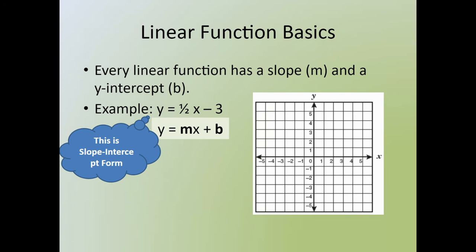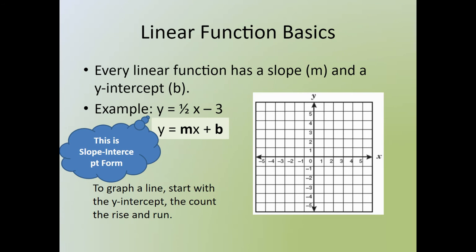If we are asked to graph this equation or this function, we are going to start with the y-intercept. Our y-intercept is negative 3, so (0, negative 3). We're going to plot that point on the graph, and then we're going to use the slope, which is the ratio of rise over run, 1 over 2.